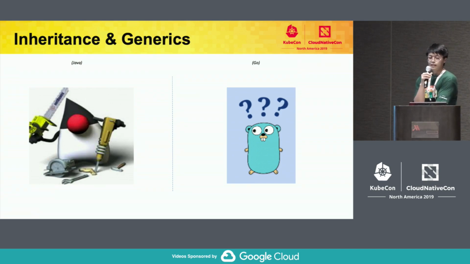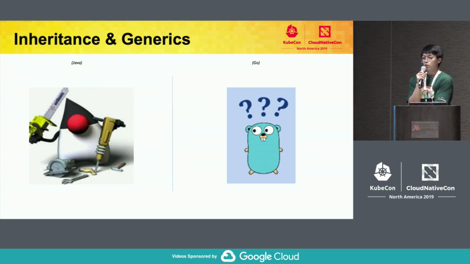Okay, the next one is inheritance and generics. Apparently, Go doesn't know anything about it, and there's a question mark. But Java is an object-oriented language, and it has benefits when you are implementing a lister or informer.